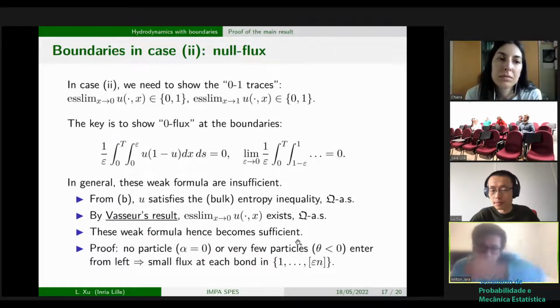Another question related to the boundary conditions.